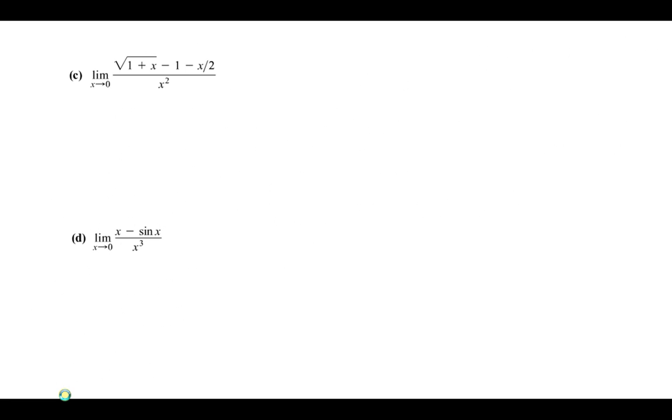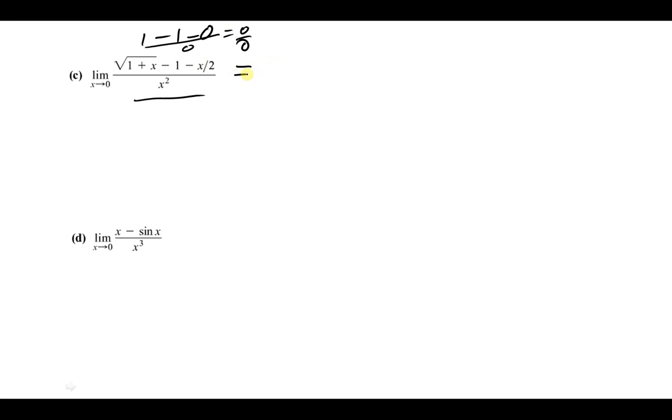Now let's look at some other examples. If you take the limit of this function, plug in x equals 0, you get 1 minus 0 divided by 0, which is 0 over 0. So we'll use L'Hopital's rule.